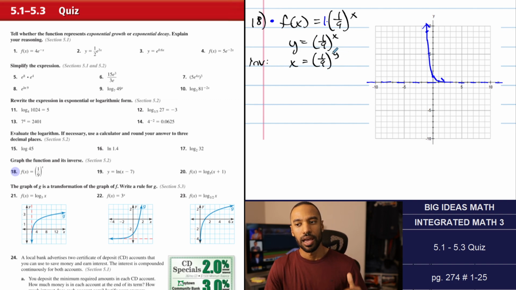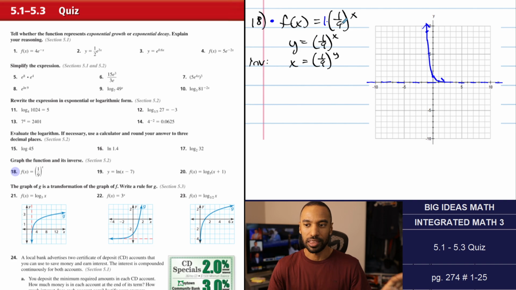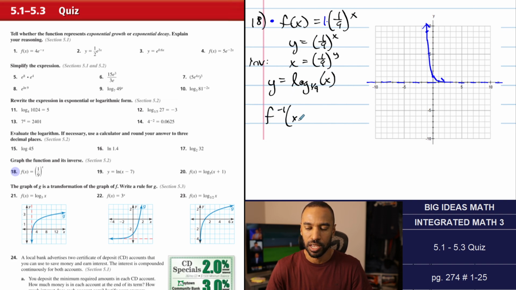How do I ground y? You can rewrite this in log form. y is the exponent, the answer to log base this of that. Log with base 1/9 of x. So this is the inverse function. This is the inverse of f, and this is log base 1/9 of x.